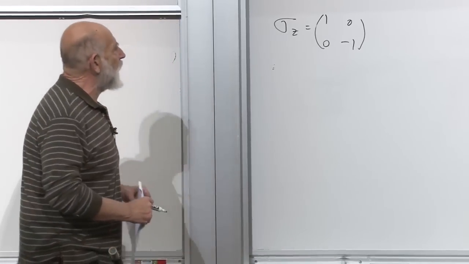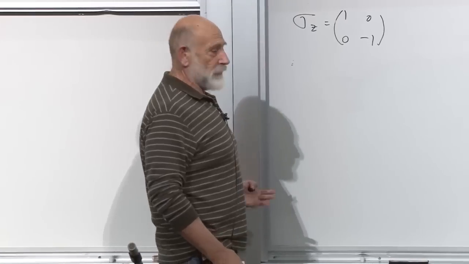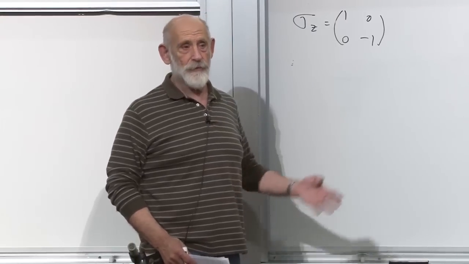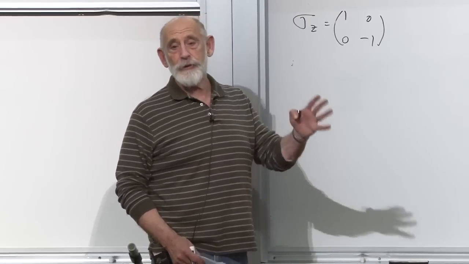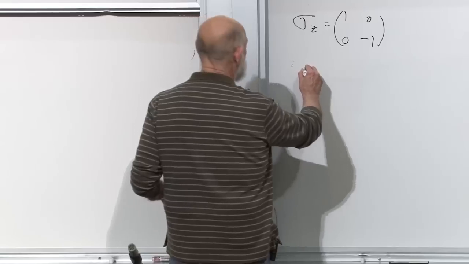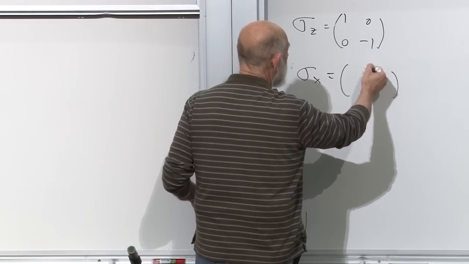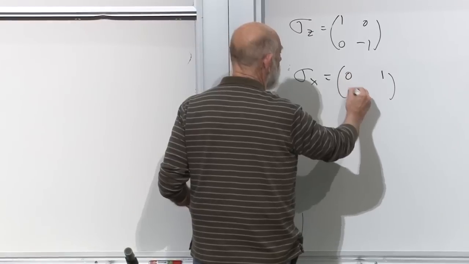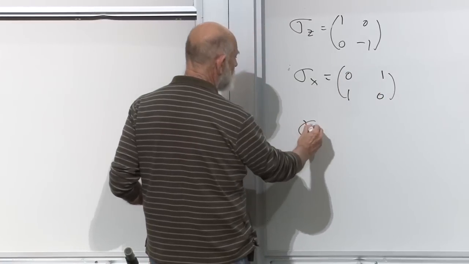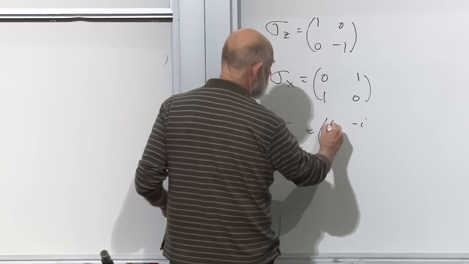And of course, the eigenvalues of this matrix are +1 and -1, representing up and down. Then there was sigma x, which has rows (0, 1) and (1, 0). And finally, sigma y has rows (0, -i) and (i, 0).